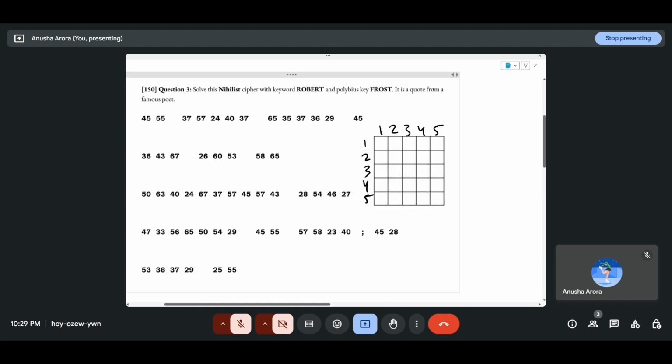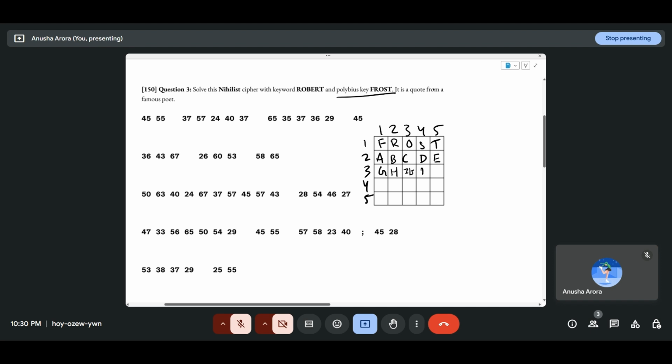So let me show you what this would mean. You start with the Polybius key first, which is Frost. So you're going to go Frost. And then you're just going to fill in the rest of the letters. So A, B, C, D, E. Since we already used F, we're not going to use F, E, F, G, H. Then I and J share a spot.